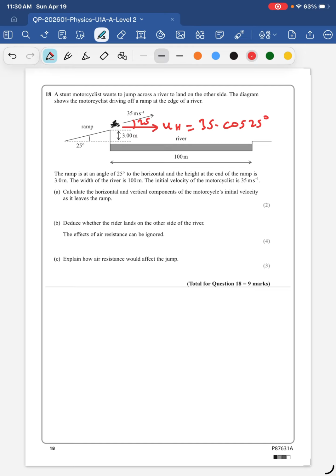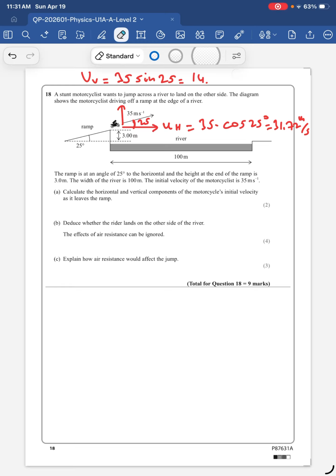Again, when I calculate components, when a component touches the angle, in this case the component does touch the angle of 25, that's a cosine, okay? So this is 31.72 meters per second. And then the vertical component, U vertical, is 35 sine 25. So this yields 13.79 meters per second.